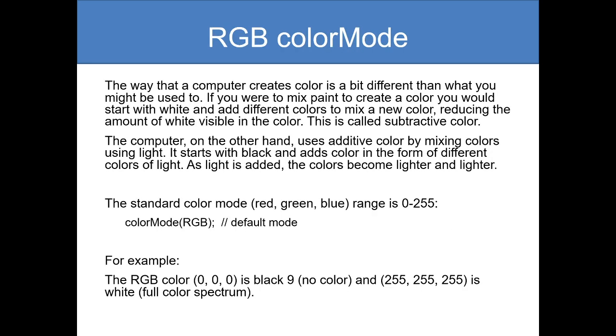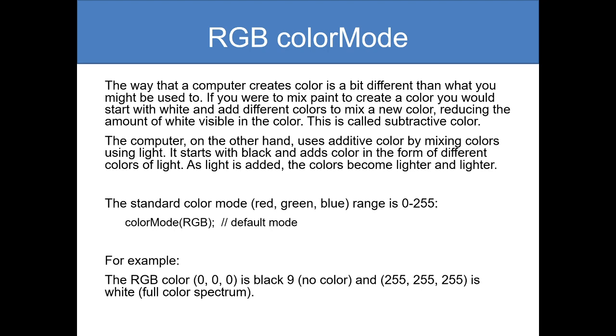Next thing that we want to talk about is color mode. Color mode is extremely handy, and it's important to know what your color mode is. Jumping back and forth can happen, especially when you start talking about different colors. We have a couple different color modes that we can use. The standard use, and for those of you that know more techie stuff, is going to be RGB.